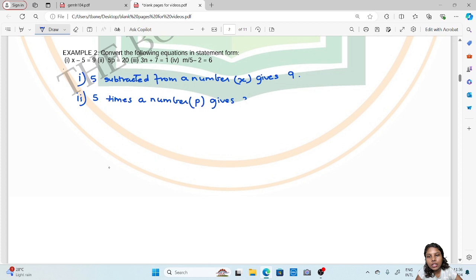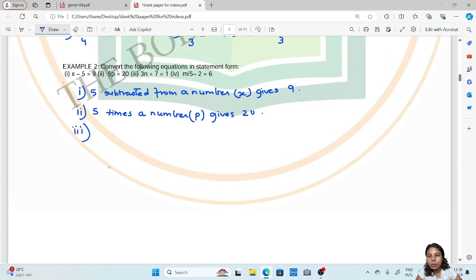Okay. Now the third one. The third one is 3n plus 7 equals to 1. Again there is some 3 times, so 3 times a number.